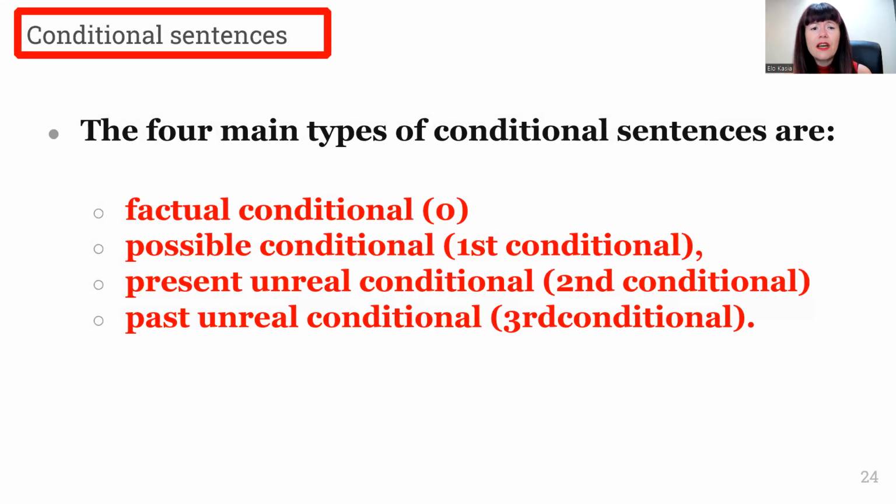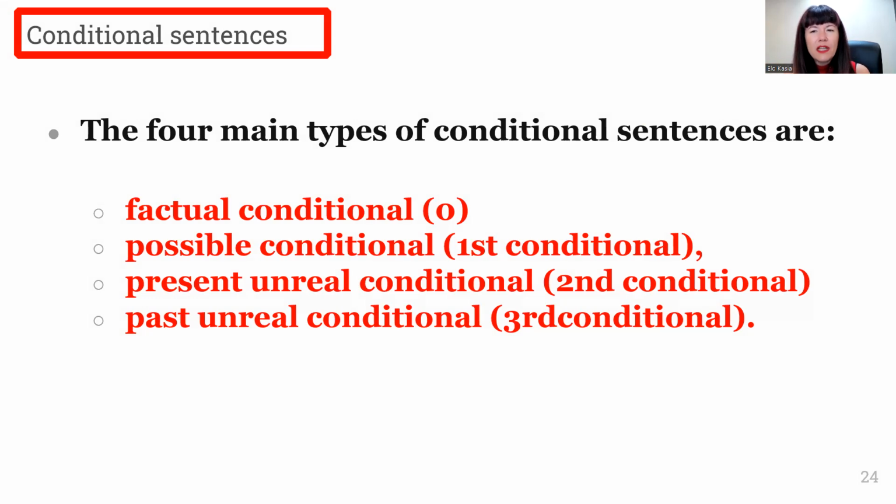And we have four types. We call them slightly differently here than maybe you would have heard before. So we have factual conditional, which is the zero conditional, possible conditional, which is sometimes called first conditional.